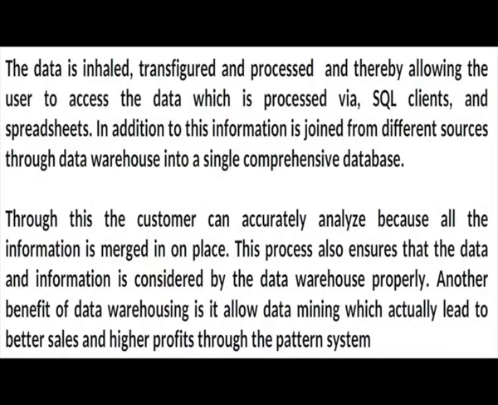The data is ingested, transformed and processed, thereby allowing the user to access the processed data through SQL clients and spreadsheets. In addition to this, information is joined from different sources through data warehouses into a single comprehensive database. Through this, the customer can accurately analyze because all the information is merged in one place.